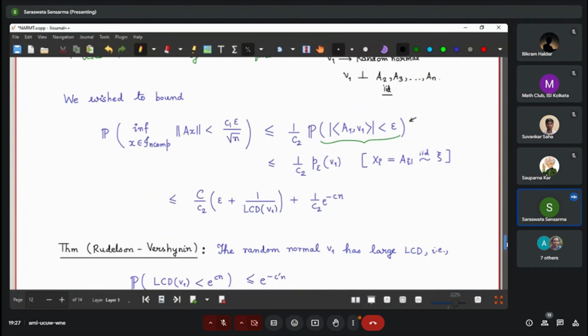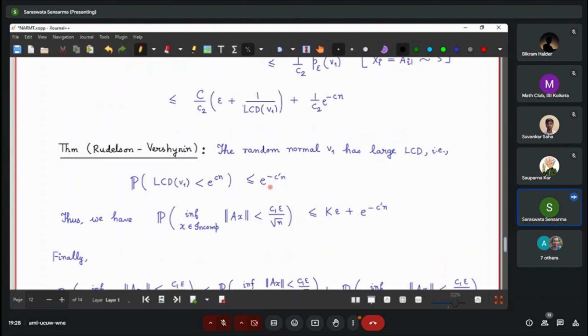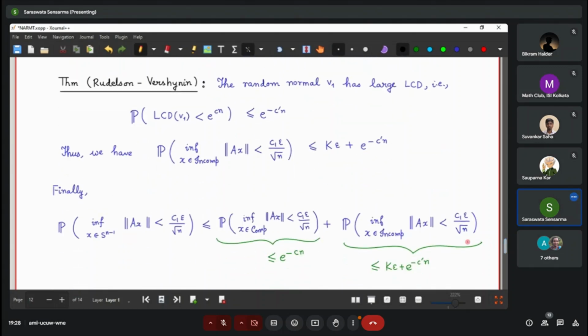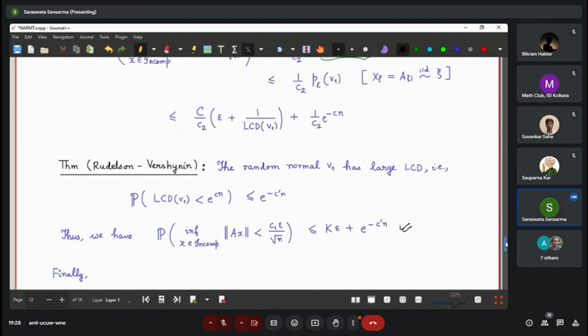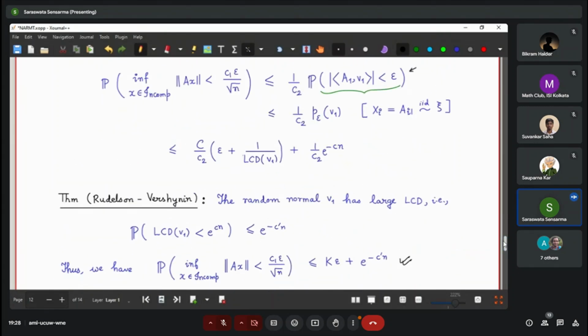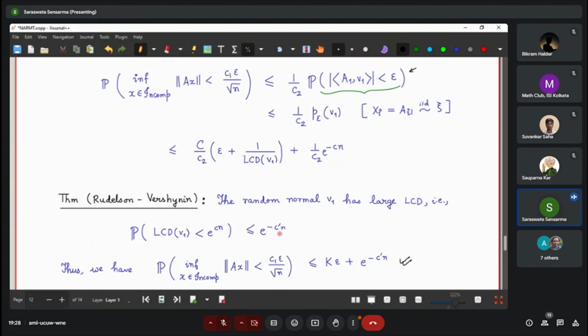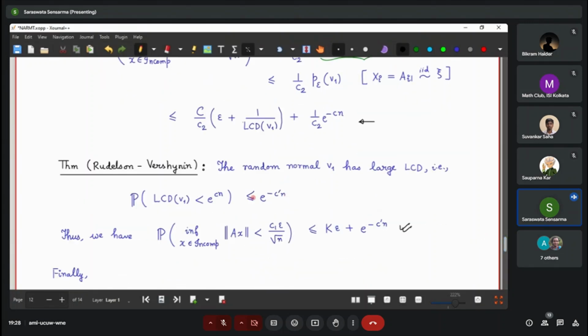In particular, if we condition on the complement of this unlikely event, that is the likely event that the LCD is large, we get the bound that we wanted to boost. Okay, so is this part clear? Because the moment we get a bound on this, we get a strong bound here. That's it. We get a bound here, and that's what it is, because the LCD is large.